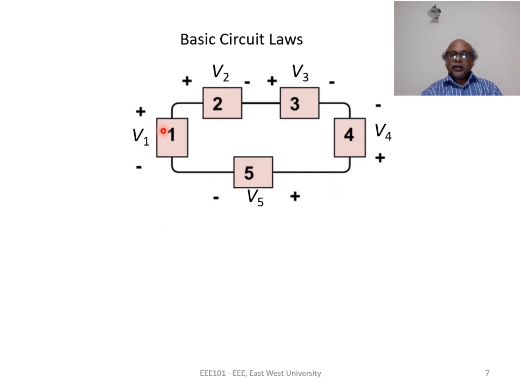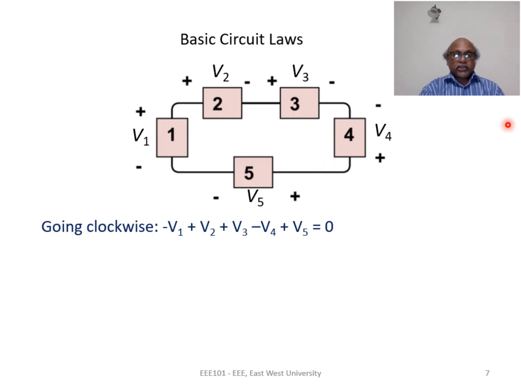So V1 and V4 are negative because they are voltage rises. V2, V3, V5 are positive because they are voltage drops. So in the clockwise direction, we write minus V1 plus V2 plus V3 minus V4 plus V5 is 0. This is KVL. The algebraic sum of all the voltage drops around a loop is 0.